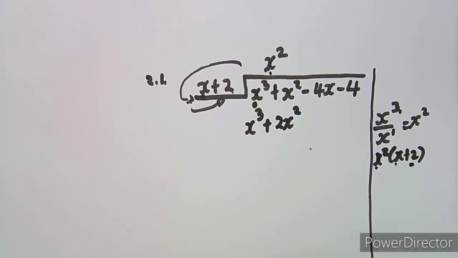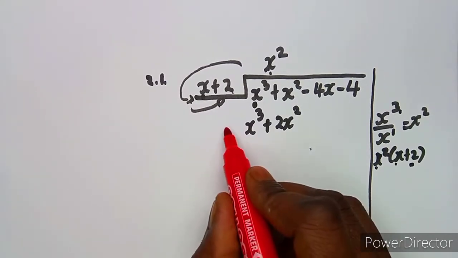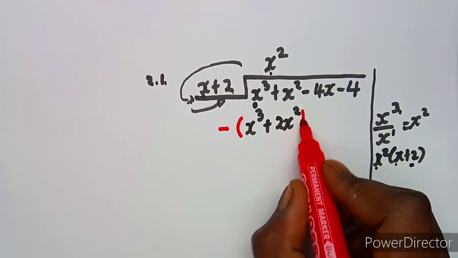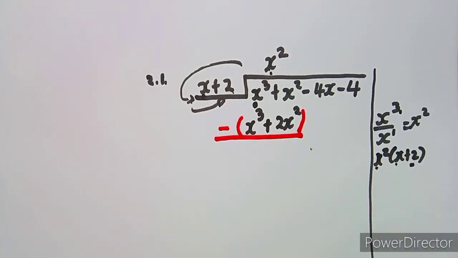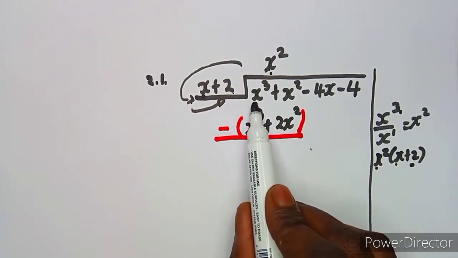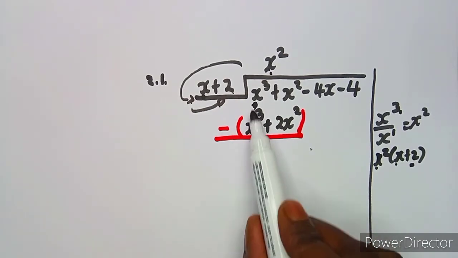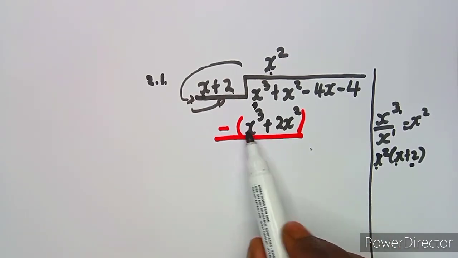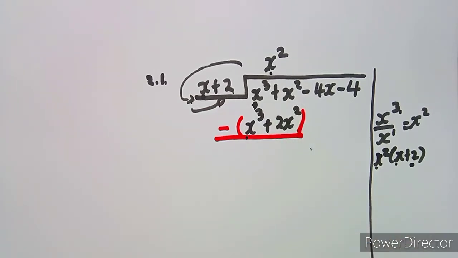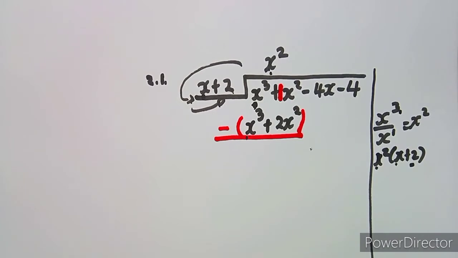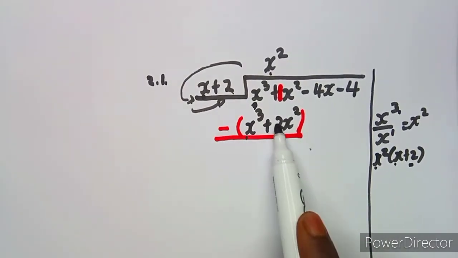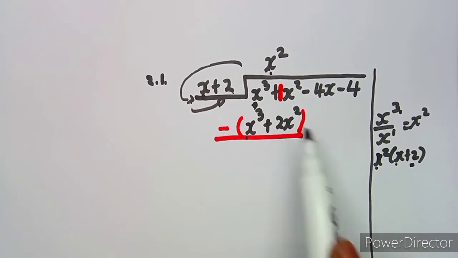And after multiplying, remember the concept, you have to subtract. So you subtract this from that one. What are you going to have if you subtract, guys? As you can see, x cubed minus x cubed, these are the same, so they cancel out. Here there is a 1, so it's 1 minus 2, which is minus 1.